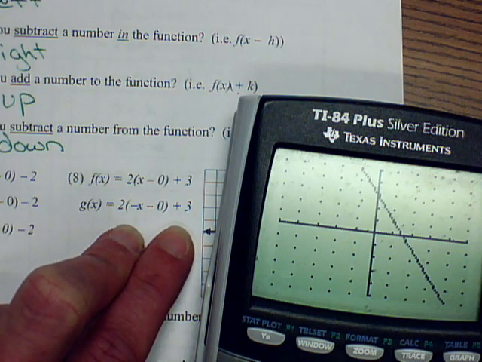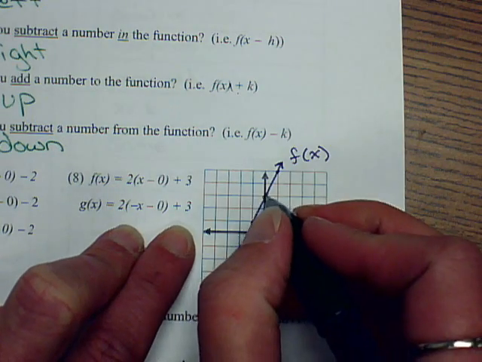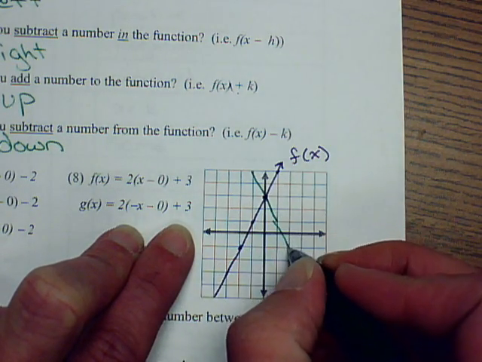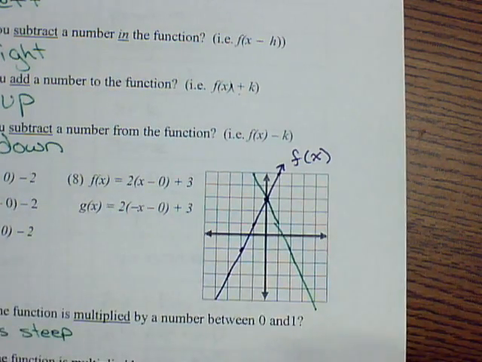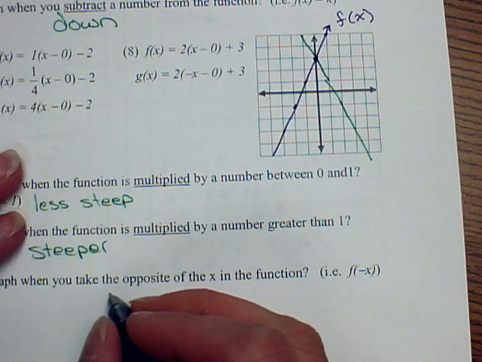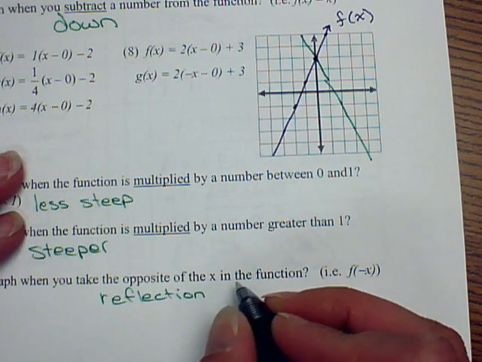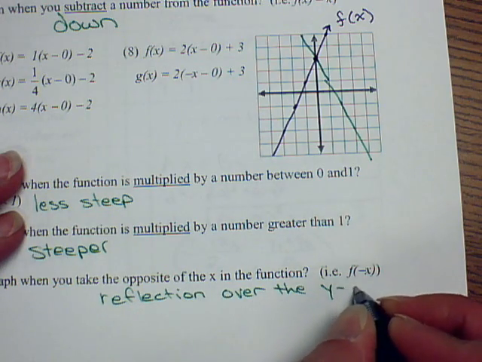It is. Oh no. Well, let's see what happened. Crossing here, but now the slope is going down. So let's see. Ooh, is it like a reflection? Reflection over the y-axis. Ooh, pretty cool.